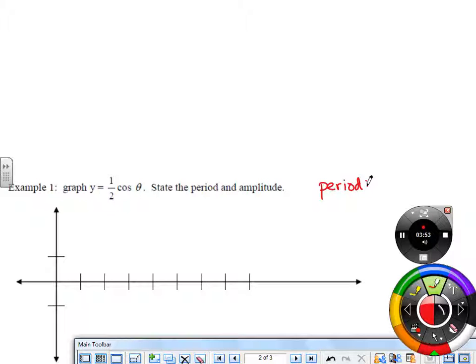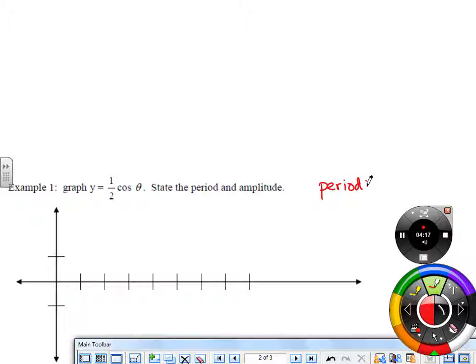Okay? So what is going to be the period for this function? We were going to graph y equals 1/2 cosine of x. So what's the normal period for the cosine function? 2 pi. Okay. Is there anything in this function that's affecting the period? What kind of transformation affects the period of the graph? Horizontal stretches or compressions.